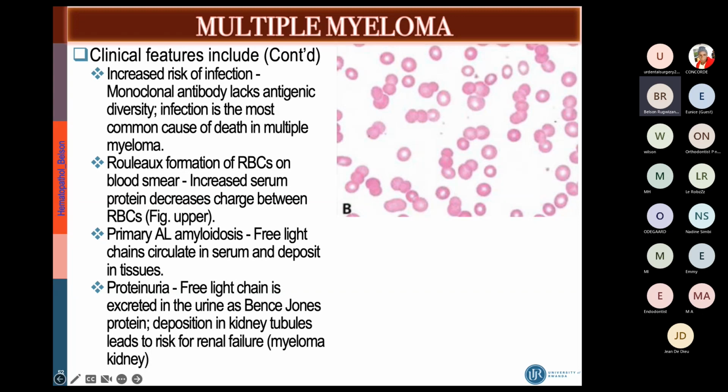Remember amyloid is of many types. Because there is so much free light chain protein, it is deposited in any tissue, including bone marrow. Another feature is proteinuria, because this free light chain protein is excreted in urine.